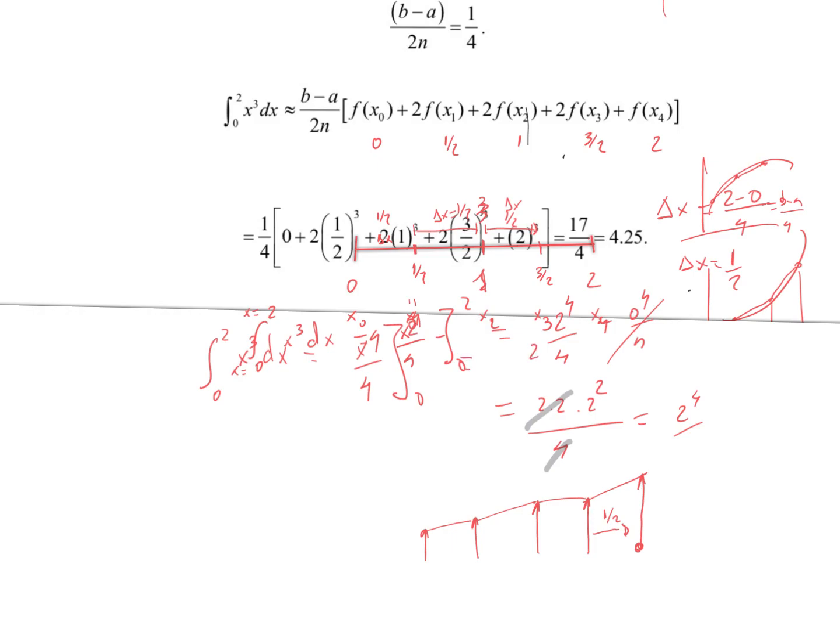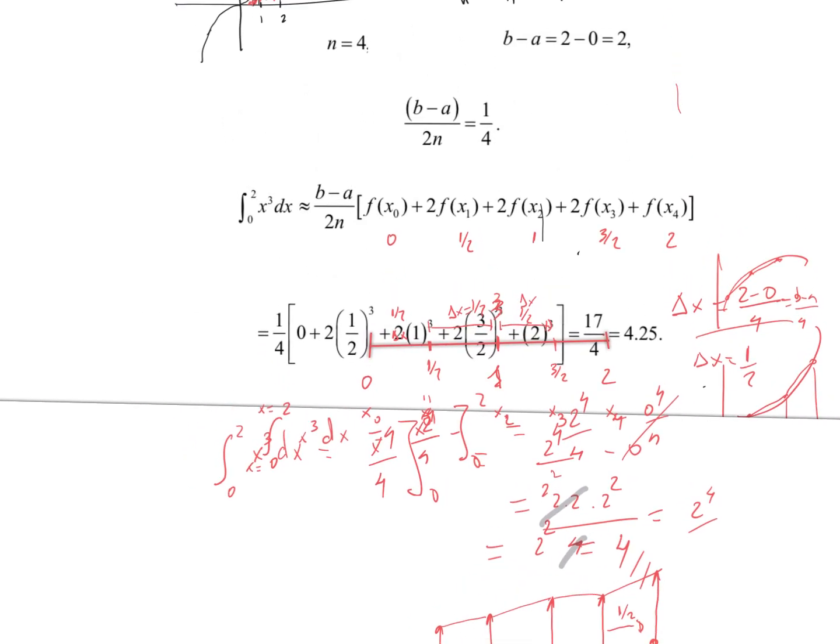So it will be 2 raised to the 4 divided by 4, minus 0. 2 to the 4 divided by 4 is 2 squared, which is exactly 4. So the area that the trapezoidal rule is giving you is bigger than the actual area.